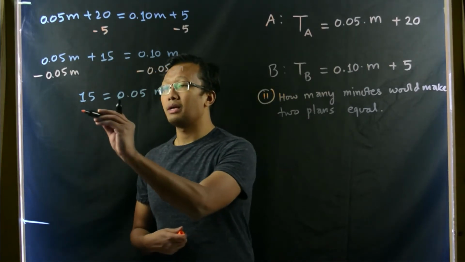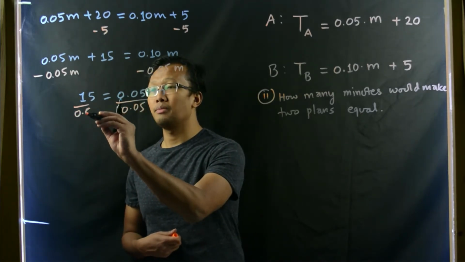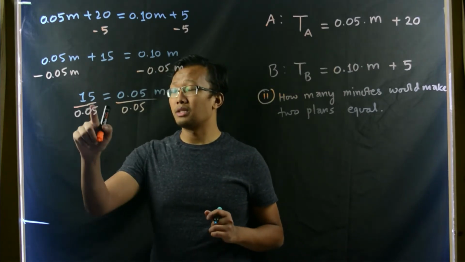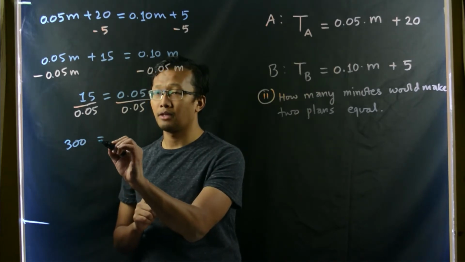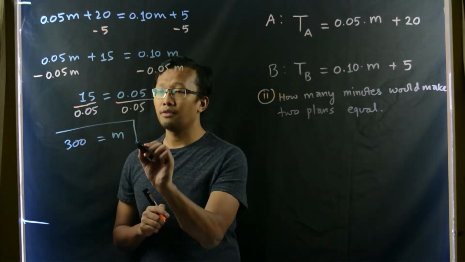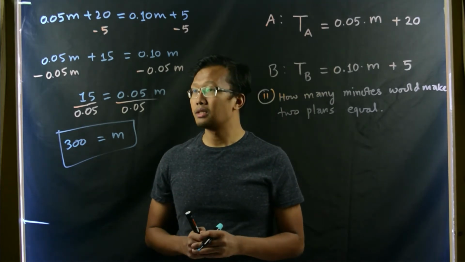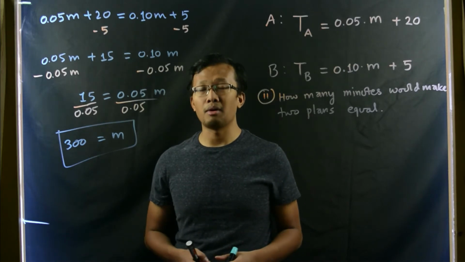Then let us divide both sides by 0.05 such that M will be alone on the right hand side. So 5 times 3 is 15, so this would be 300 equals M. So if a person calls for 300 minutes, then both plans will charge you the same amount of money.